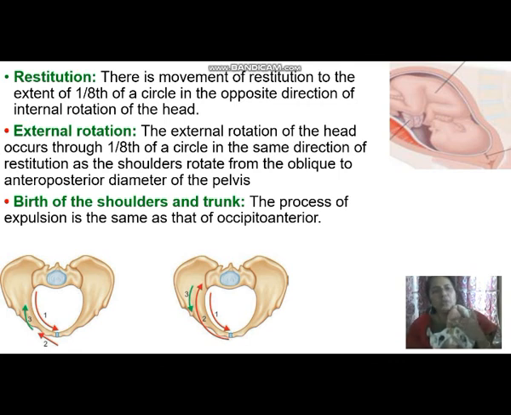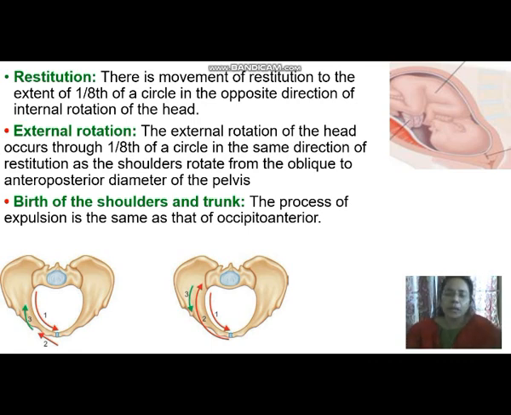I just showed you how the shoulder rotates to the anteroposterior diameter. Then comes the birth of the shoulder and trunk, the process of expulsion, same as in the occipital anterior: the anterior shoulder escapes, then the posterior shoulder escapes, and the whole body is delivered by lateral flexion. This is how the occipital posterior mechanism usually occurs.